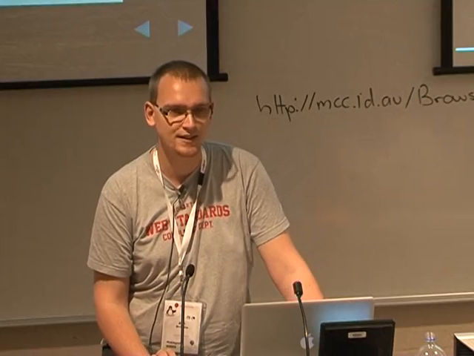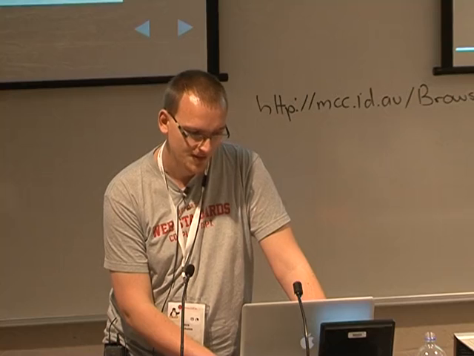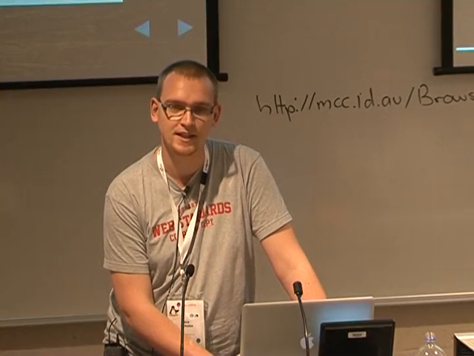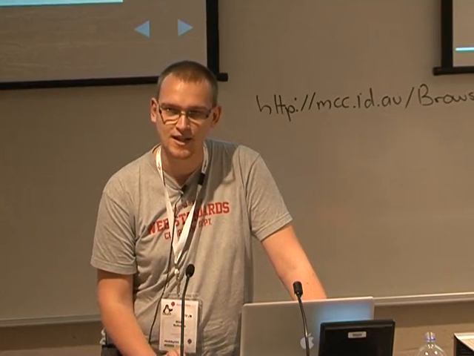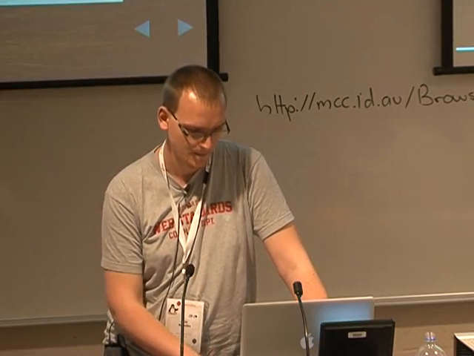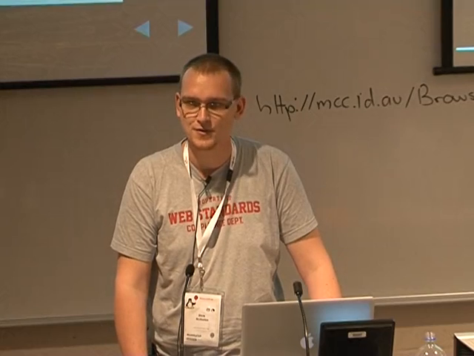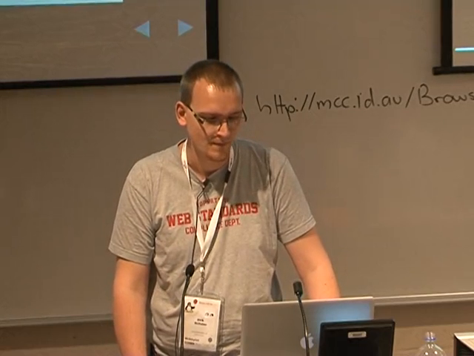So we are not repainting the whole page the whole time. If I change the color of this rect, then just this rect is repainted. Everything else stays as it is. Otherwise it would be far too complex, far too slow also. And that's why we call it the repaint area or the repaint rect. And this is also the affected area of painting.